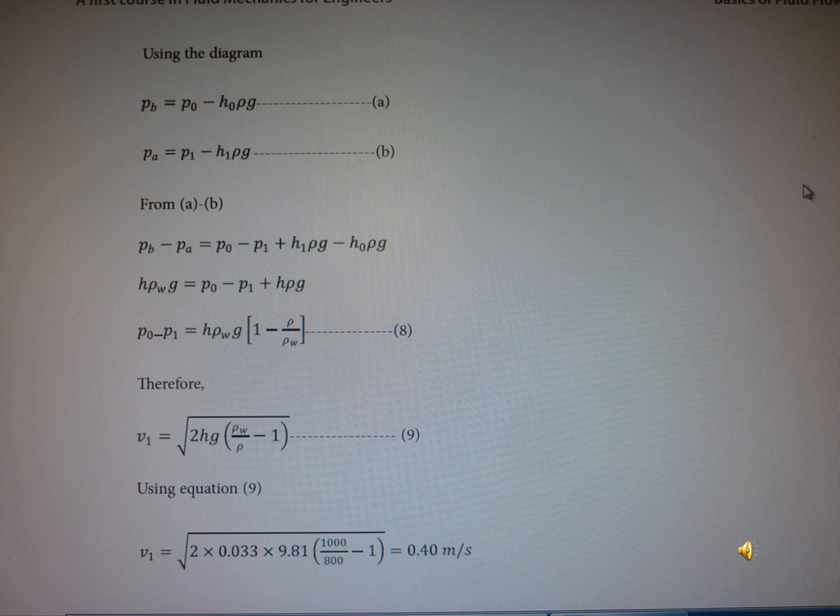And now the same step again: p0 minus h0 rho g and p1 minus h1 rho g, and now for A and B, pB minus pA equals p0 minus p1 plus h1 rho g minus h0 rho g.